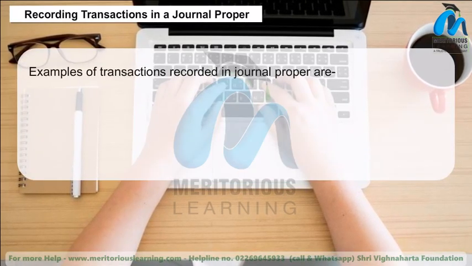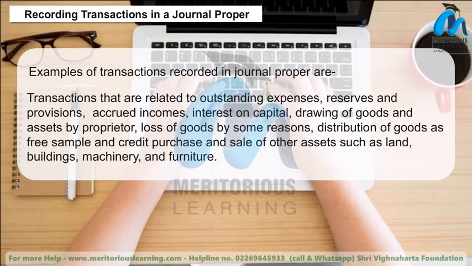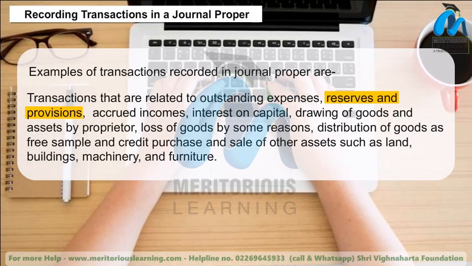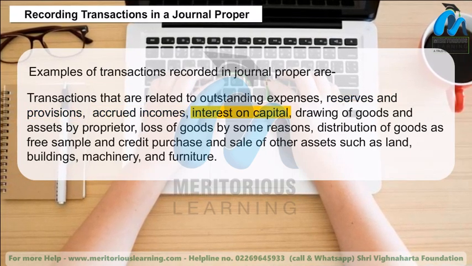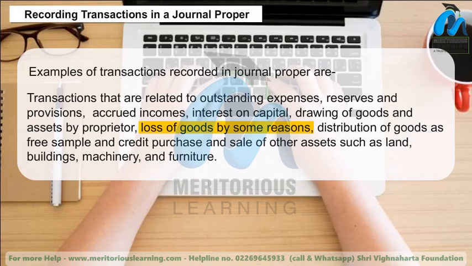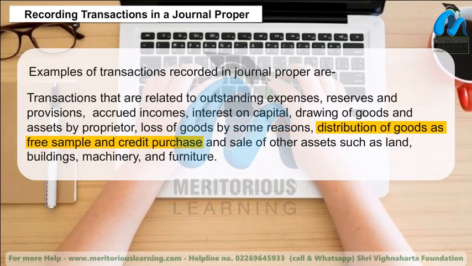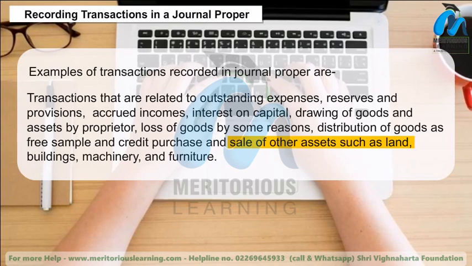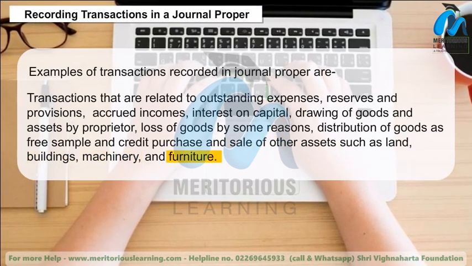Examples of transactions recorded in journal proper are transactions related to outstanding expenses, reserves and provisions, accrued incomes, interest on capital, drawing of goods and assets by proprietor, loss of goods by some reasons, distribution of goods as free samples, and credit purchase and sale of other assets such as land, buildings, machinery and furniture.